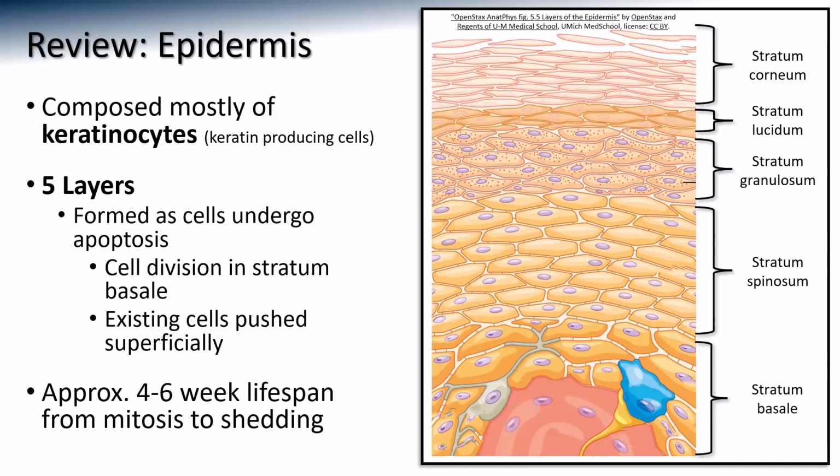They form into 5 layers based mostly on appearance, and they undergo a growth cycle beginning down here in stratum basale, and they are pushed up and begin dying off until they reach stratum corneum, at which point they are basically empty cells that have been filled with the keratin protein. Okay, and again, this takes about 4 to 6 weeks for this entire lifespan to pass.